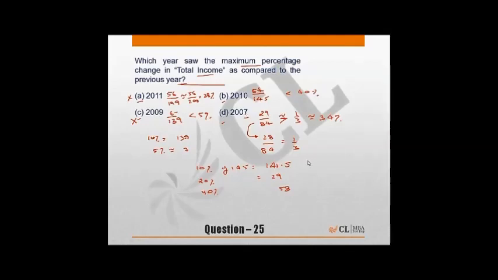What is 1/3 of 145? 1/3 of 145 will be approximately 48. So if the numerator was 48, this fraction would have been 1/3. But since this is significantly higher, my answer should be greater than 1/3. So the correct answer becomes choice B.